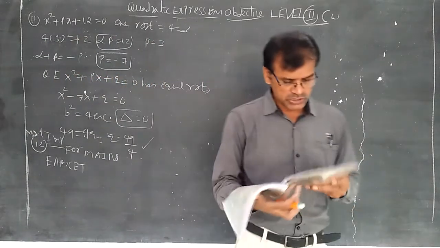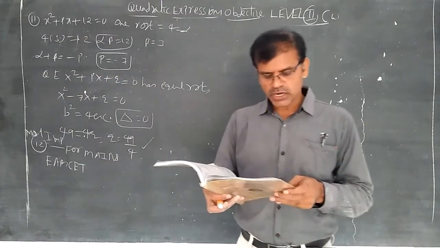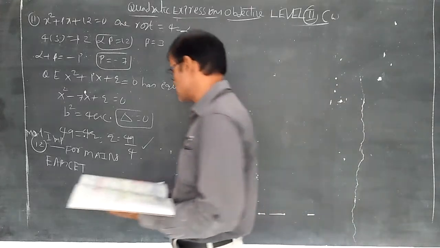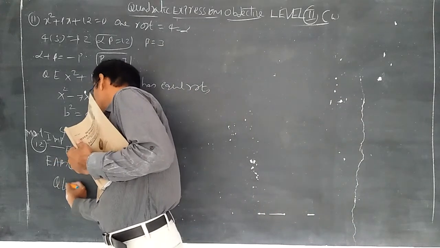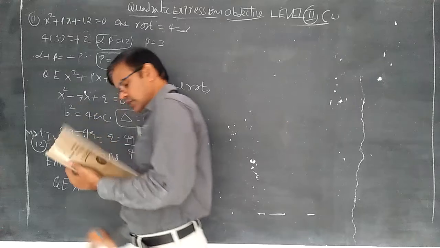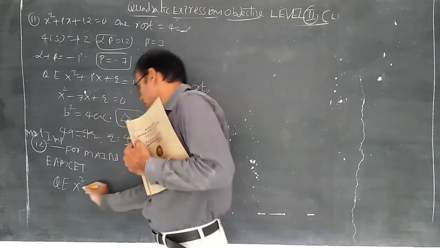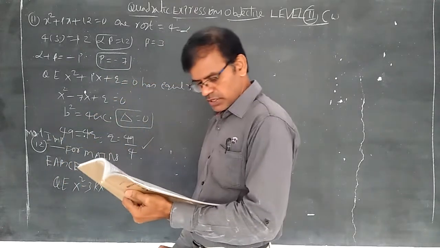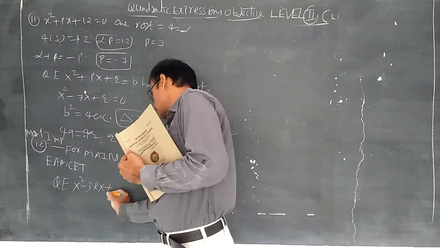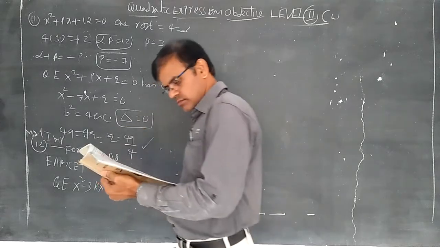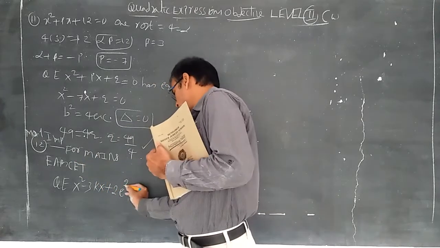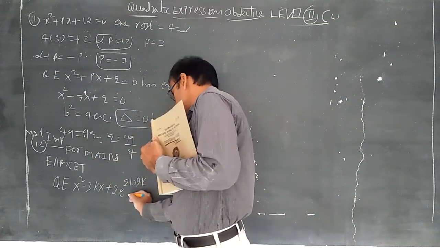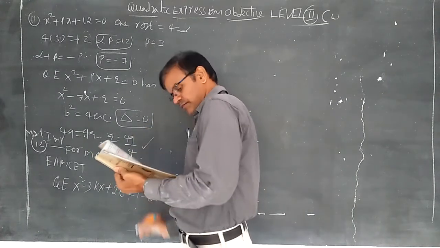If k greater than 0 and product of the roots of the quadratic equation x square minus 3kx plus 2 e power 2 log k minus 1 equal to 0 is 7, then the sum of the roots?